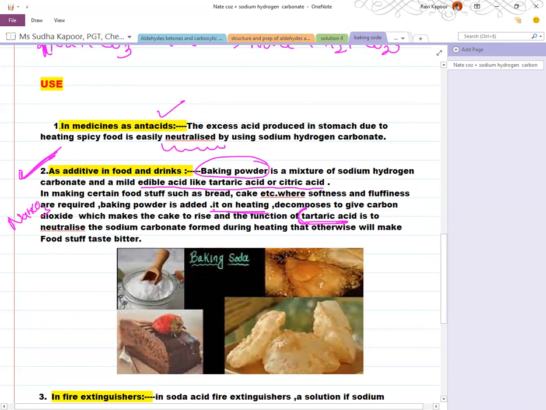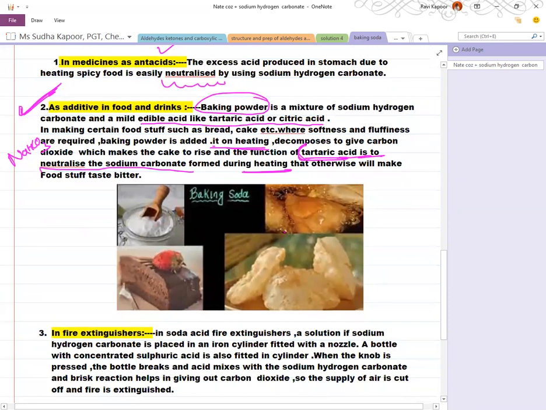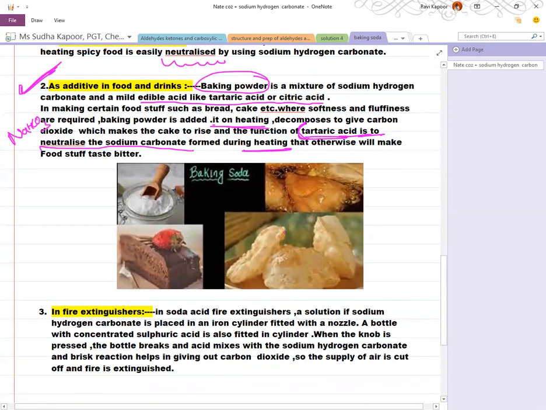It is also a one-mark question: why is tartaric acid added while preparing baking powder? Because tartaric acid neutralizes the sodium carbonate formed during heating. Otherwise the food would be soft but bitter in taste. So instead of baking soda, we use baking powder, or if baking soda is used, edible acids are added to it.